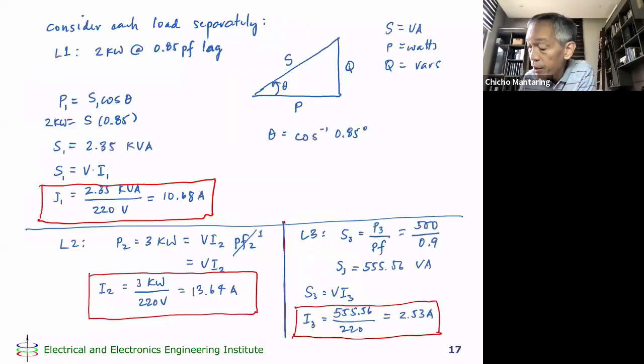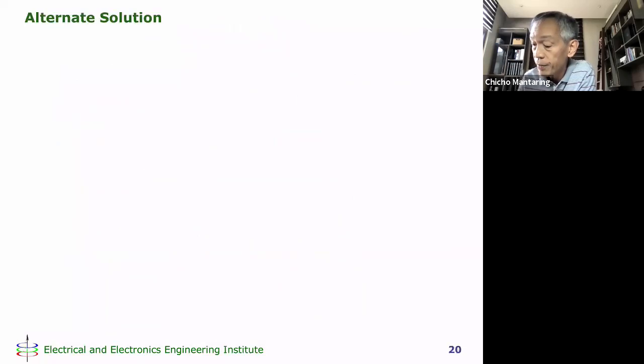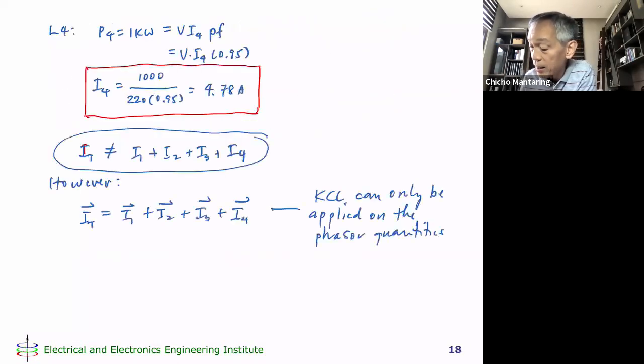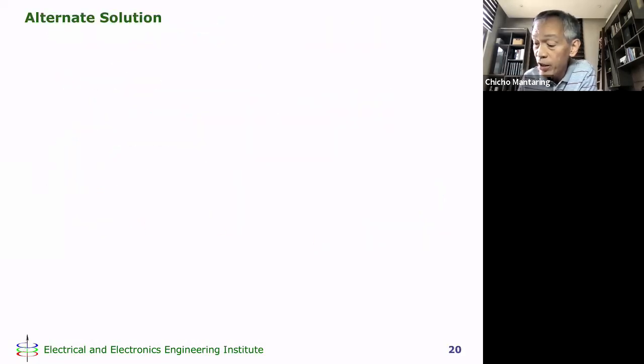Okay, but there's another method, an alternative solution. So that's how you do it: you get the phasor quantities of these, and then you get the total phasor quantity IT by adding the phasors. But what is the alternative solution? You get P total.